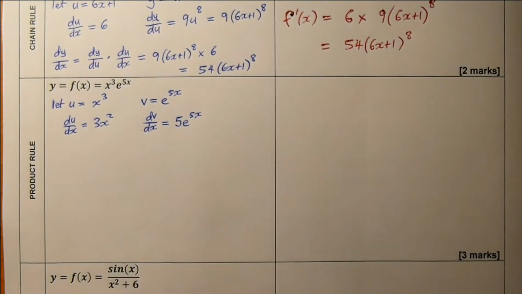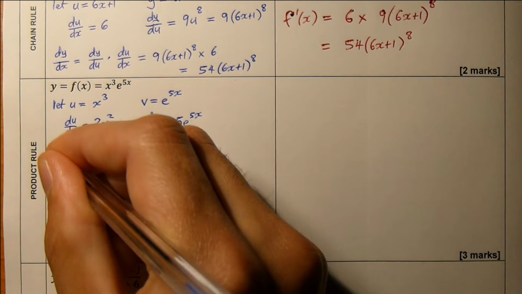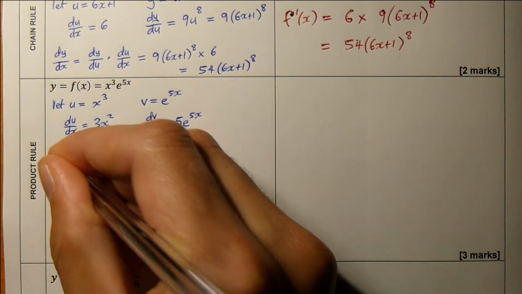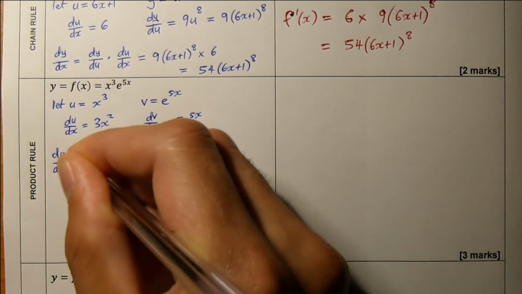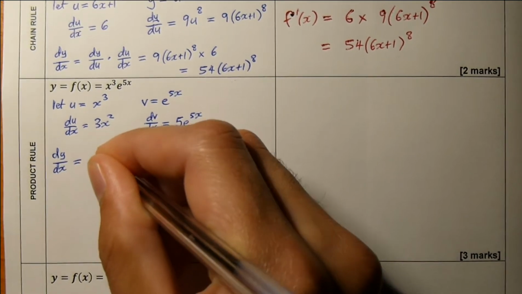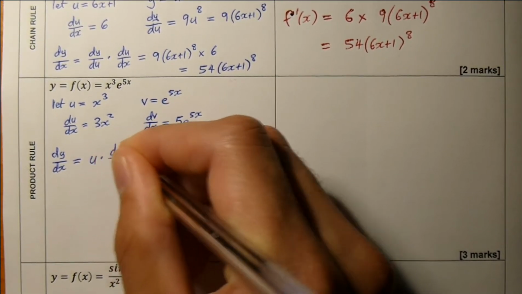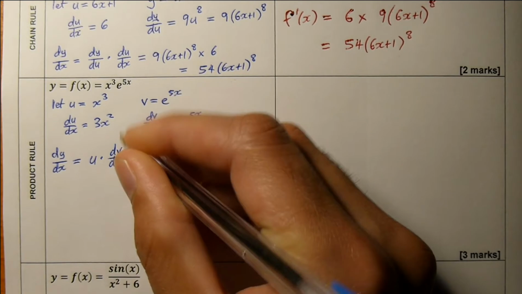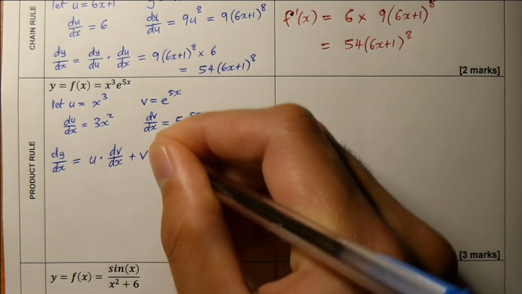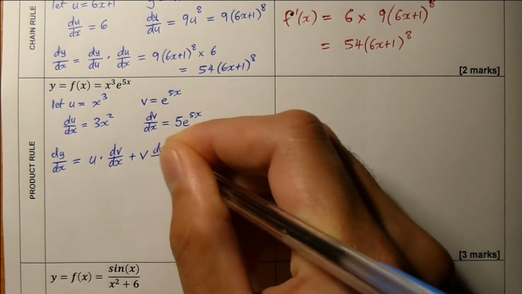Okay, so now I'm going to apply the product rule, which is simply dy/dx is equal to u times dv/dx plus v du/dx.